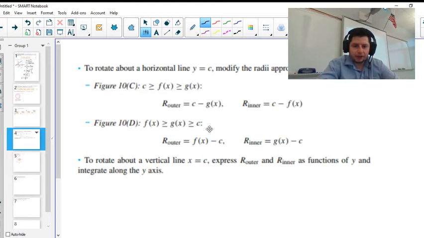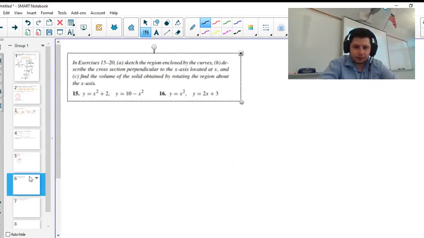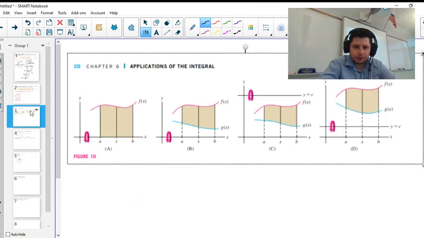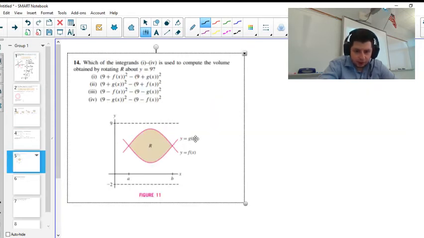So our outer function is g of x. Hold on, in this case it is f of x. No, sorry, it is g of x. That's just harder to see. So g of x is the outer function, and the inner function is f of x.